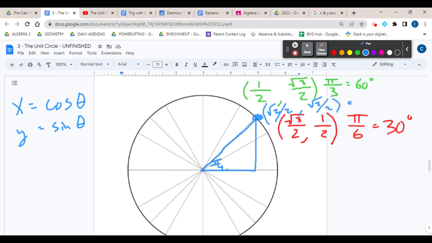Okay, and that's if we have an angle of pi over 4 radians, which is 45 degrees. All right, so those are our three angles in quadrant one.